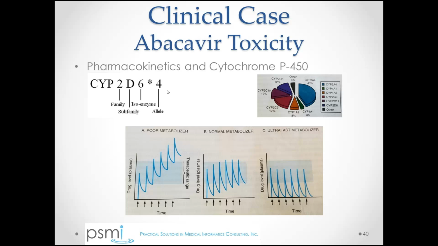But for convenience, there are certain genes where they have such a degree of polymorphism that it's common to name the alleles as opposed to naming the individual HGVS level variants.